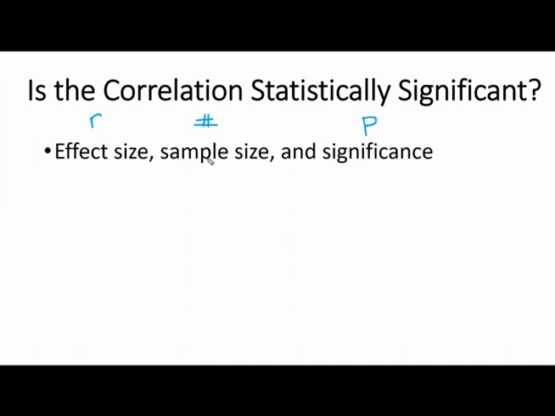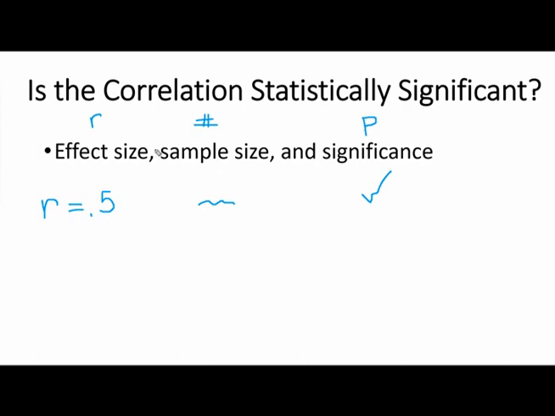And so here we can actually look at how all of these points relate to each other. Now, in most cases, if we have a large effect size, say an R of 0.5, having a large effect size, kind of regardless of our sample size, is going to give us a significant result.